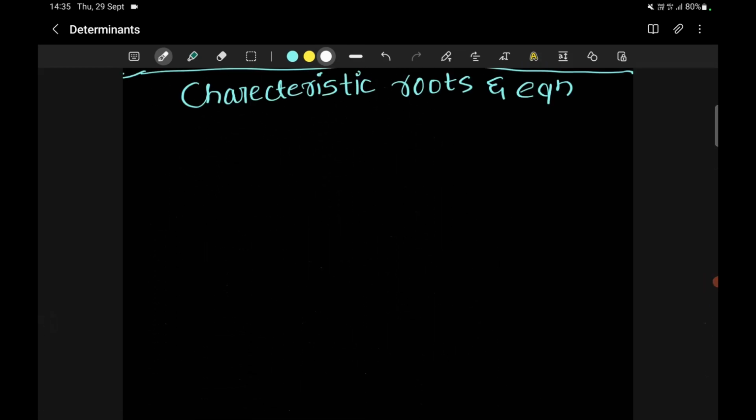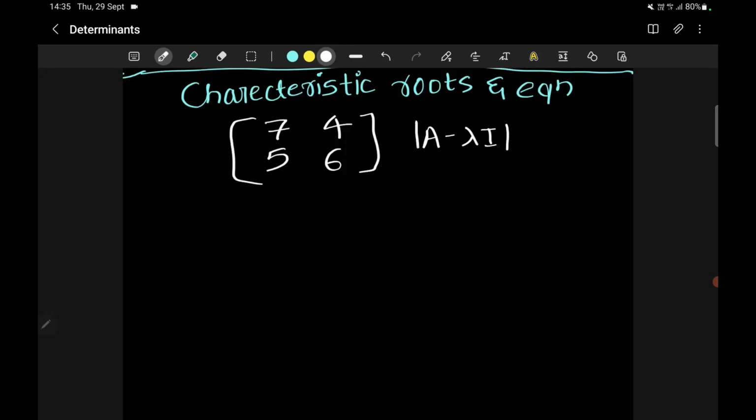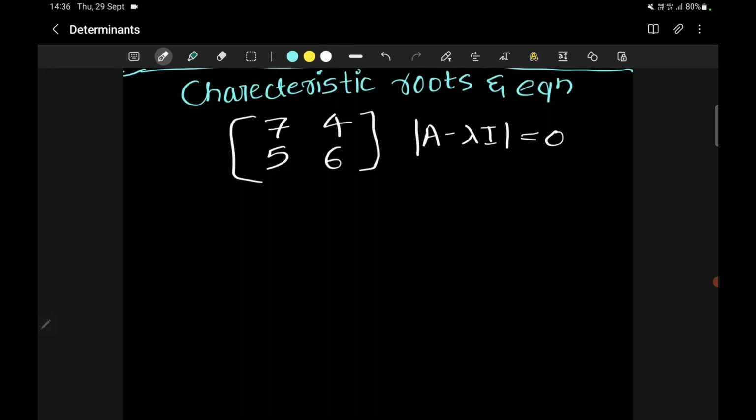Now we will see how to find characteristic equation and roots. For this we will take one example, that is 7, 4, 5 and 6. There is one formula for finding characteristic equation and roots, that is A minus lambda I is equals to 0. You need not worry about this because I'll tell you the shortcut form.